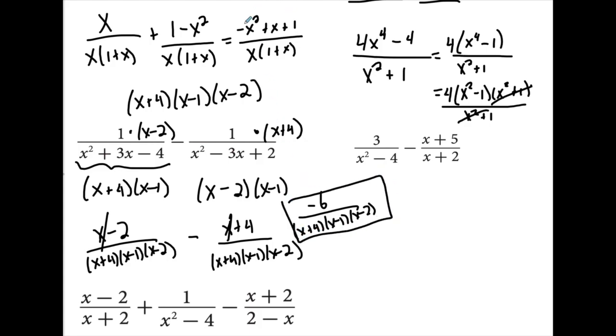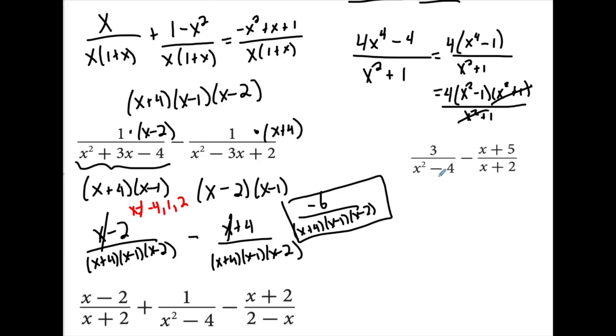Okay, excluded values here. X is not allowed to be equal to negative 4, 1, or 2 because any of those numbers would make one or both denominators undefined. Or rather 0, so it would make the expression undefined.